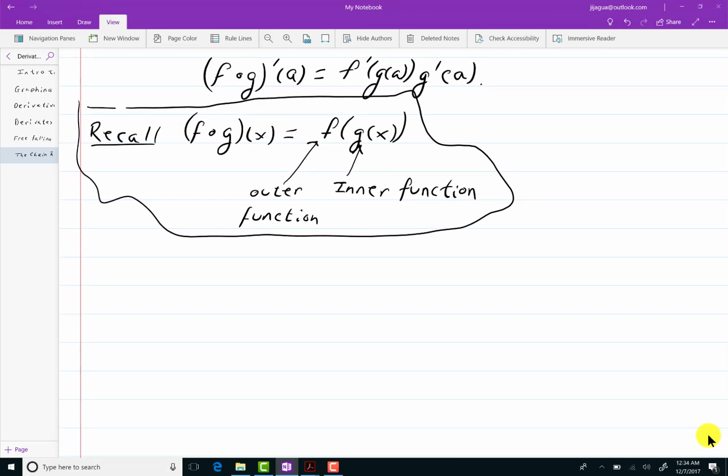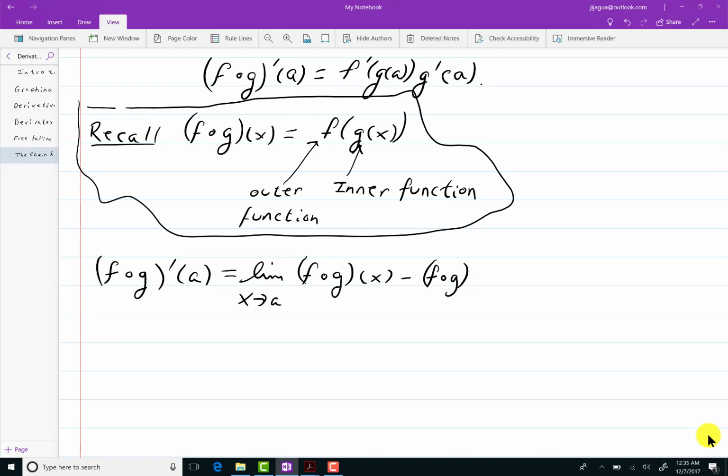So, let me start with f circle g prime of a. f circle g prime of a equals the limit as x goes to a, f circle g of x minus f circle g of a all over x minus a.